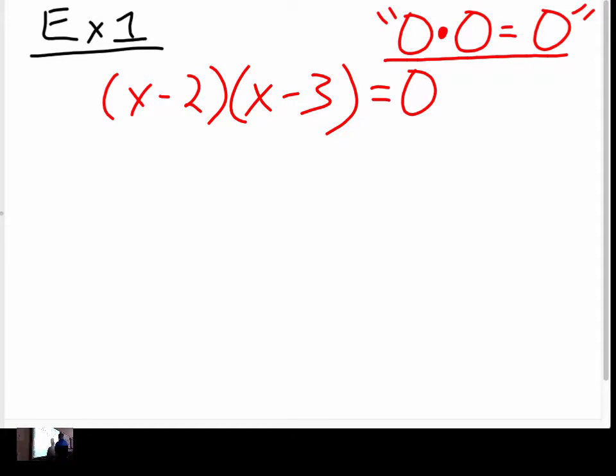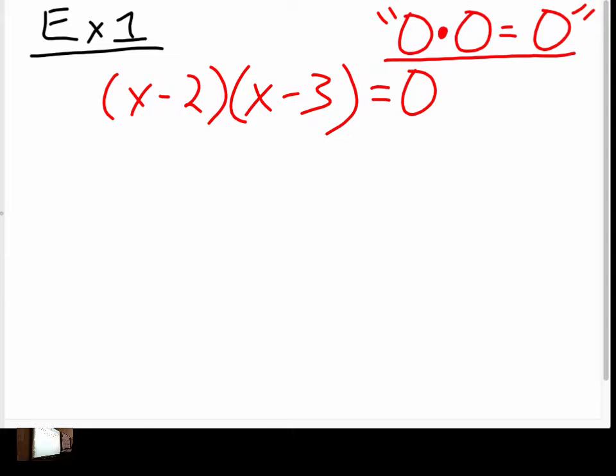This was important, so I'm going to leave that on the board, and I want you guys to think about this. Don't blurt it out. I want you to think out loud. How do we use 0 times 0 equals 0 to find the values of x that we can plug into this thing that makes this whole thing equal 0?